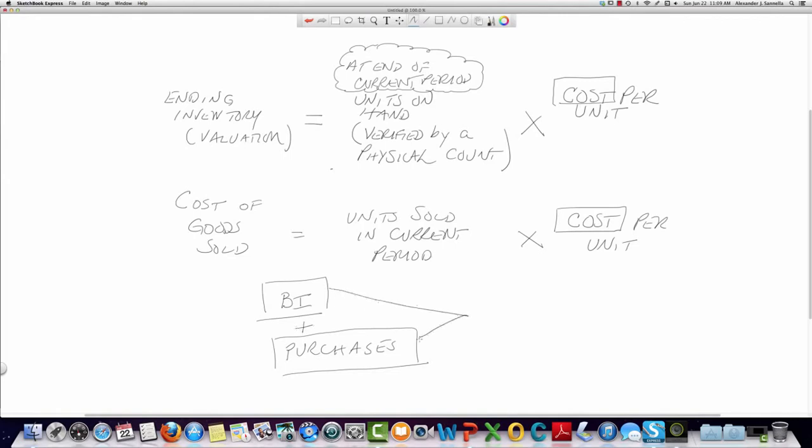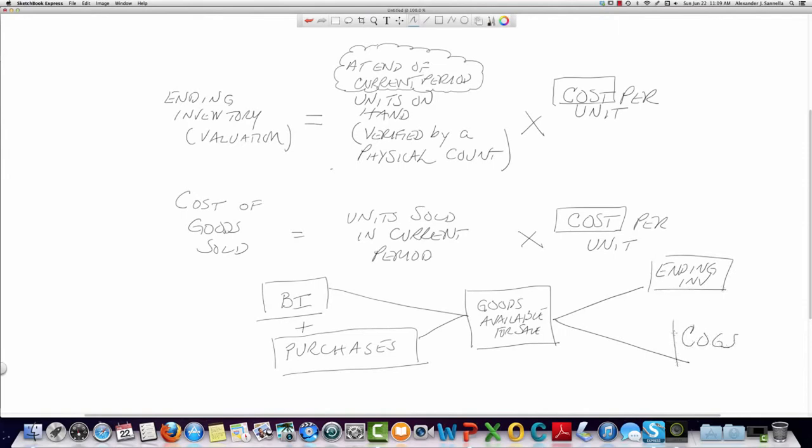If we add those together, we have the goods available for sale. And what's available is either in the ending inventory or the cost of goods sold. And of course, adding those together, it should equal the cost of goods available.